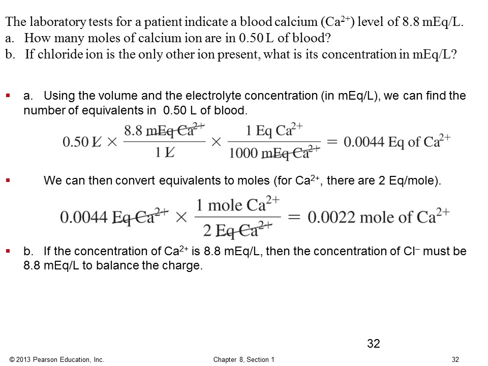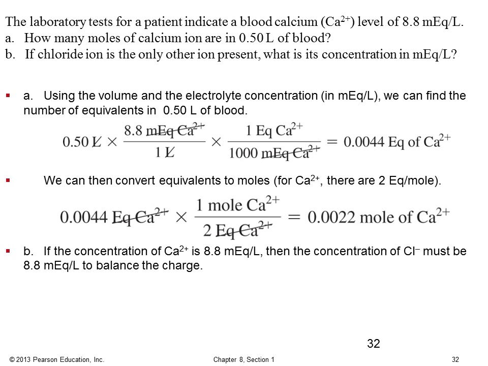So here's another example. It says the laboratory tests for a patient indicate a blood calcium level of 8.8 milliequivalents per liter. In A, it wants us to first determine how many moles of calcium ions are in 0.5 liters of blood.